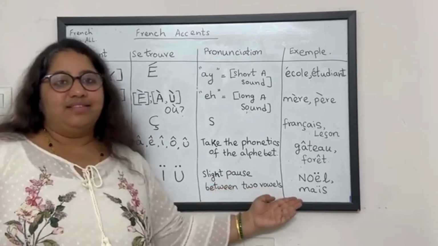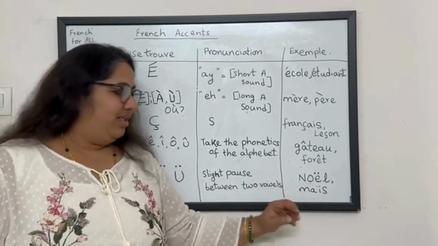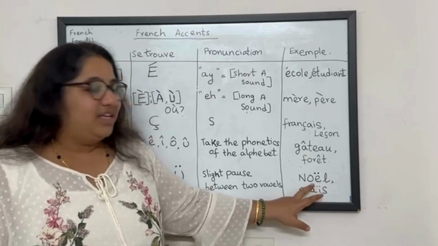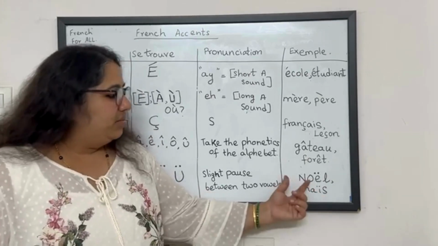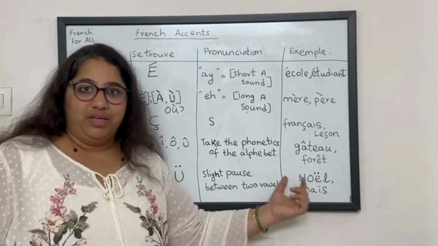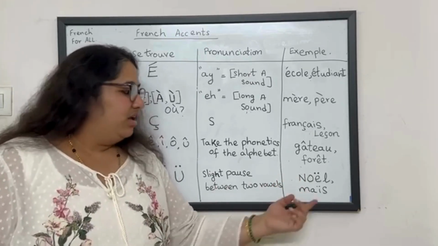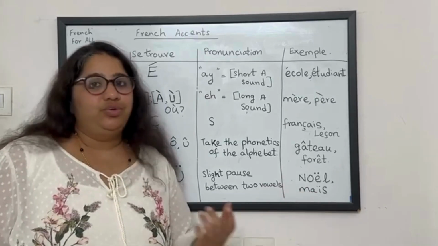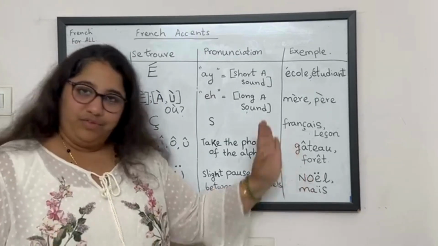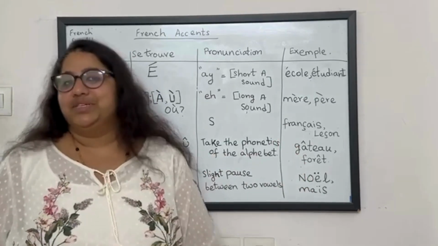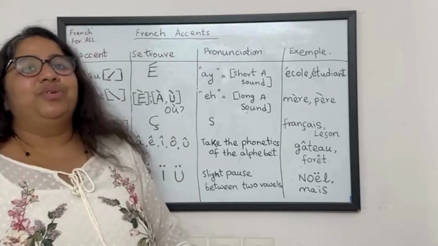Can you see here in example? Noël, maïs. If you see these two words, in Noël, O and E are coming adjacent to each other, two vowels. In maïs, which is also adjacent to each other, two vowels you're seeing. So you have to give a pause between these two vowels and pronounce, and that's it about the French accents.